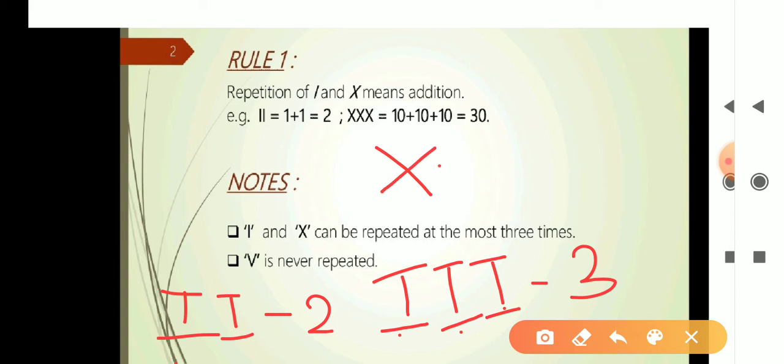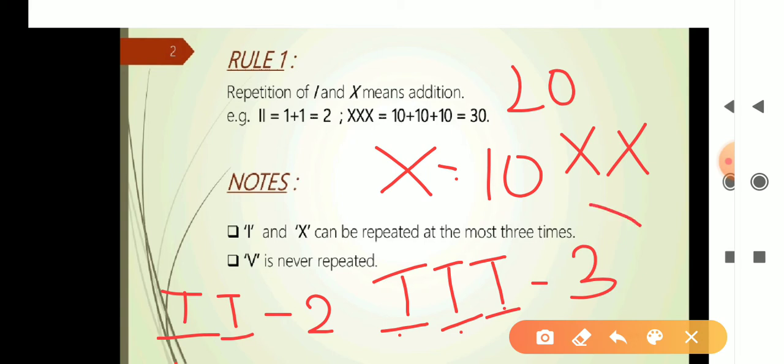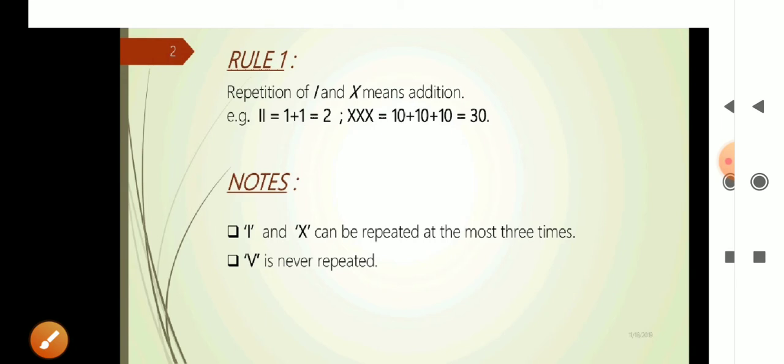And X stands for 10, right? So for 20 we use 2 X's, and for 30 we use 3 X's. Repeating I and X means addition: 10 plus 10 is 20, 20 plus 10 is 30.